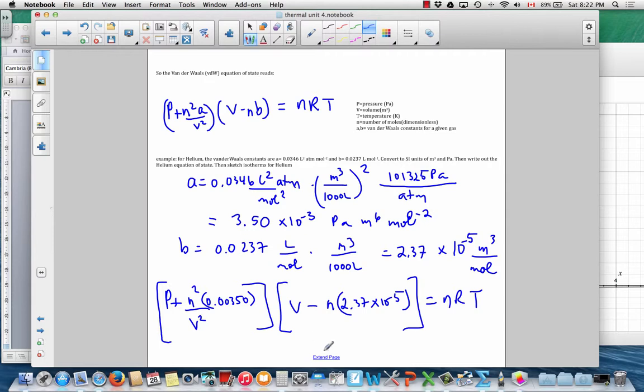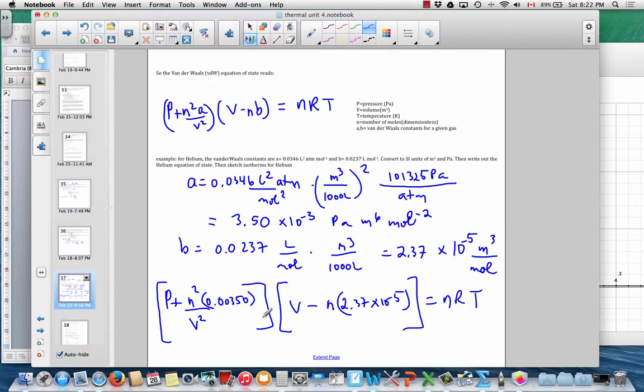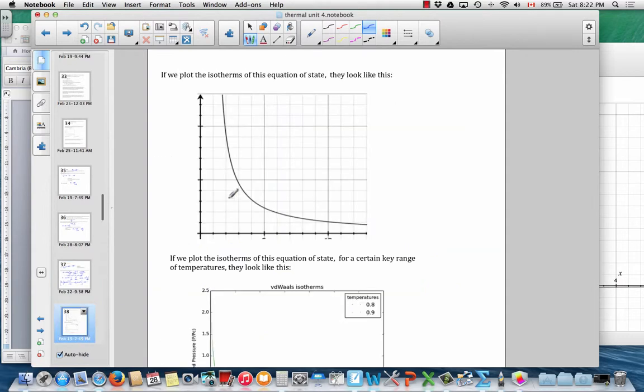Now what do the isotherms look like for that? For the ideal gas, they look like hyperbolas. Pressure and volume are just inversely proportional.